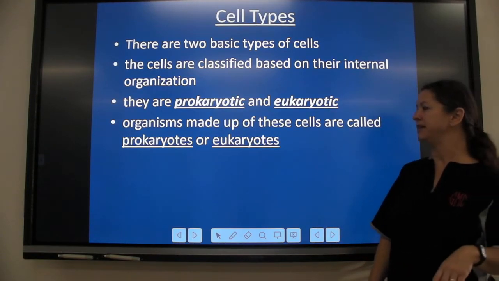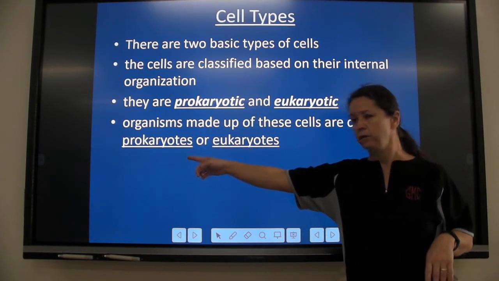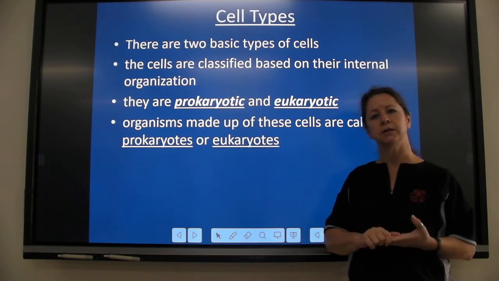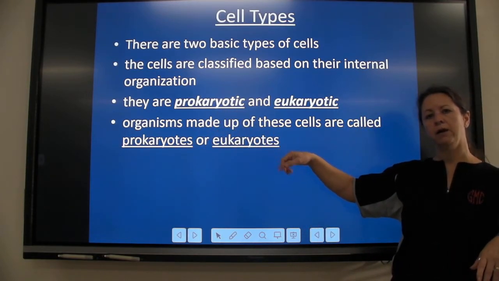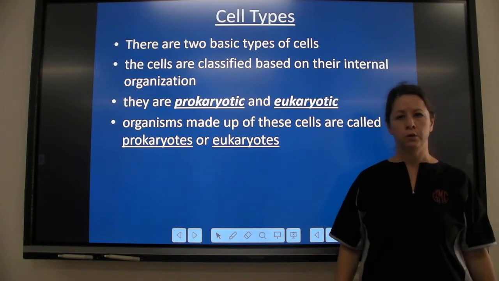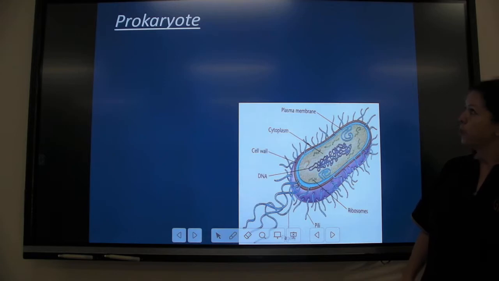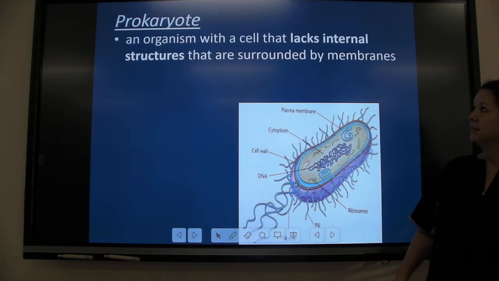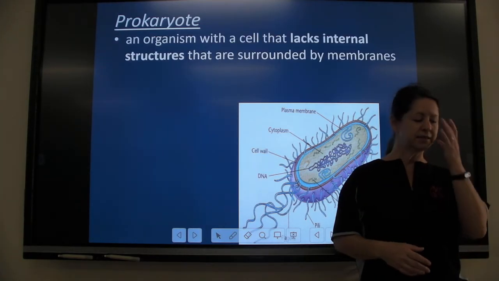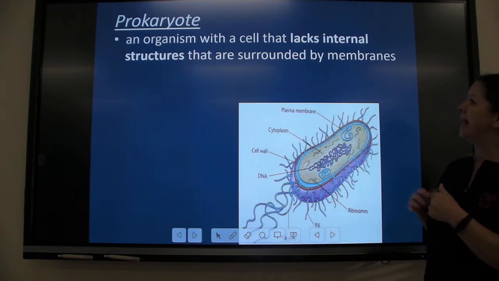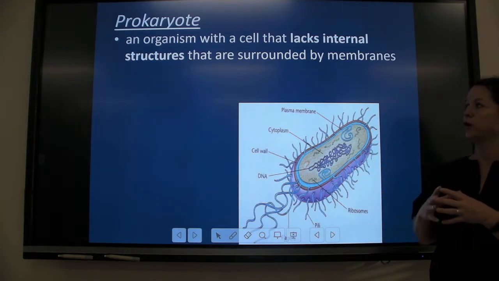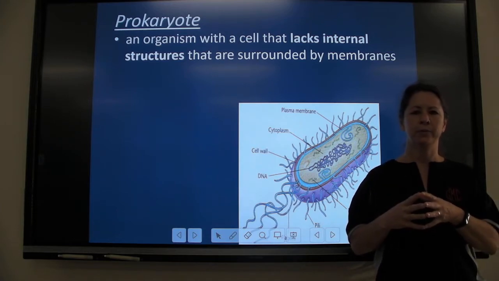Organisms made up of these cells are called prokaryotes, if they have prokaryotic cells, or eukaryotes, if they have eukaryotic cells. A prokaryote is an organism with a cell that lacks internal structures that are surrounded by membranes.